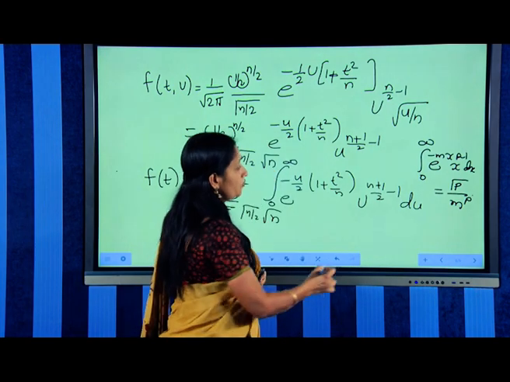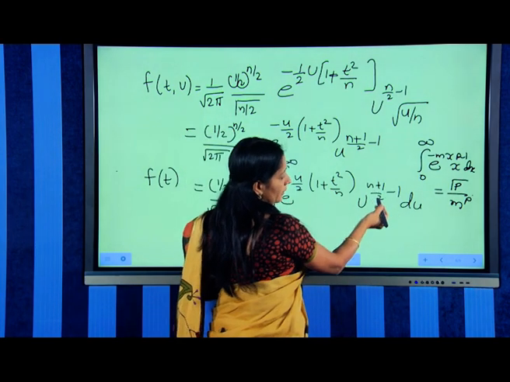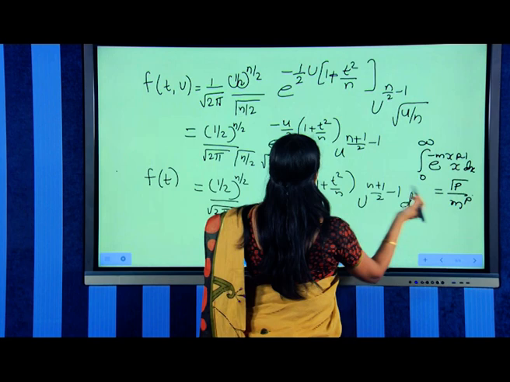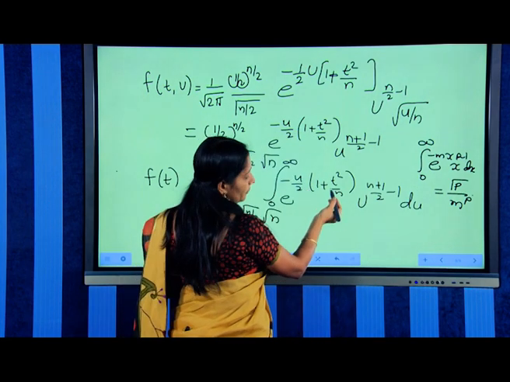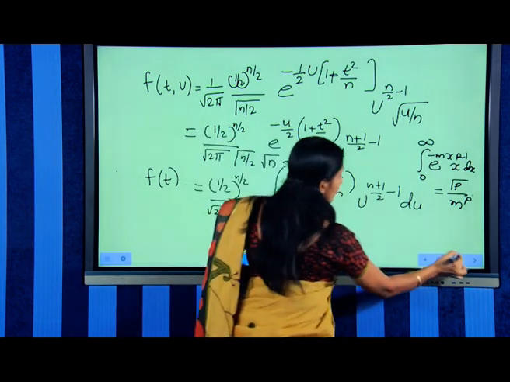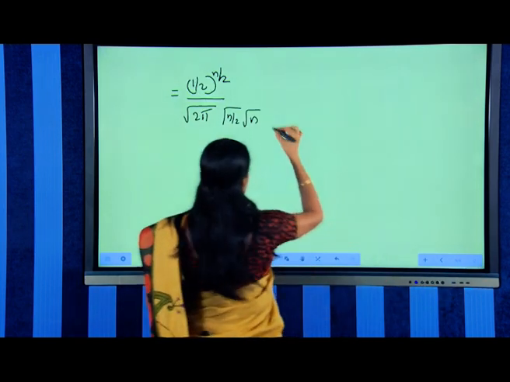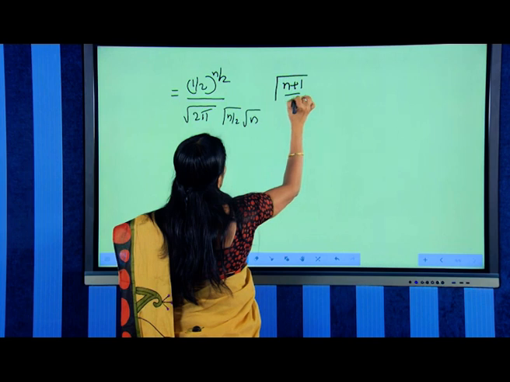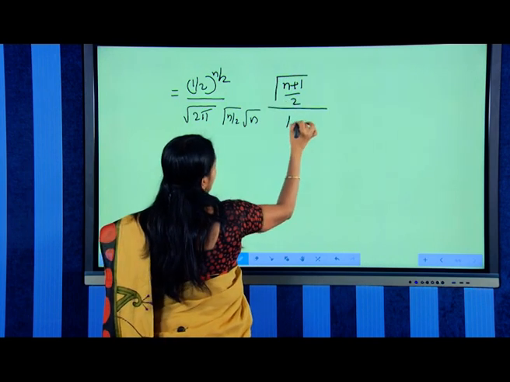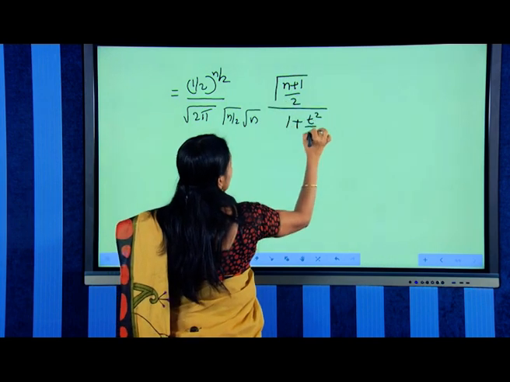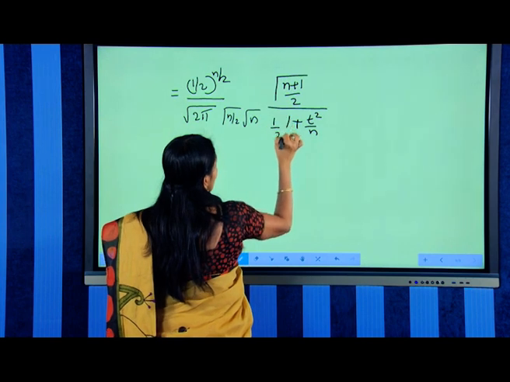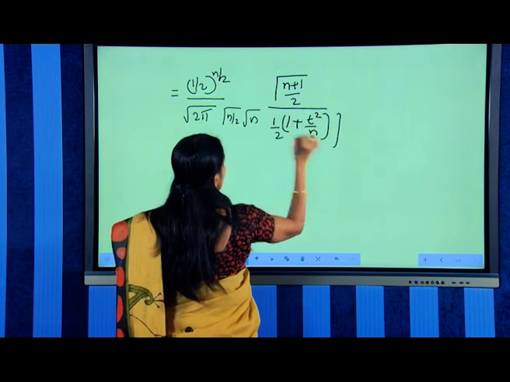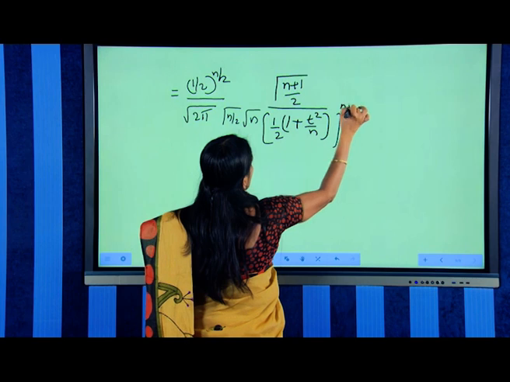So, in the place of p we have n plus 1 by 2, in the place of m we have 1 by 2 into 1 plus t square by n. So, the integral is gamma n plus 1 by 2 divided by 1 plus t square by n into 1 by 2, the whole raised to n plus 1 by 2.